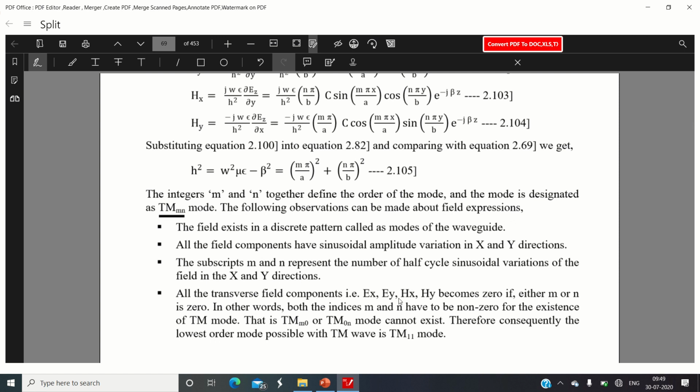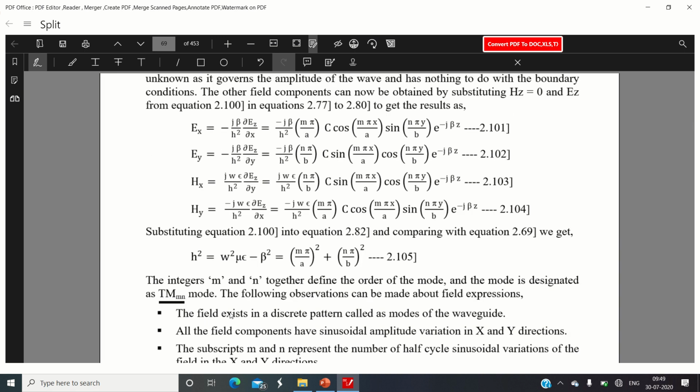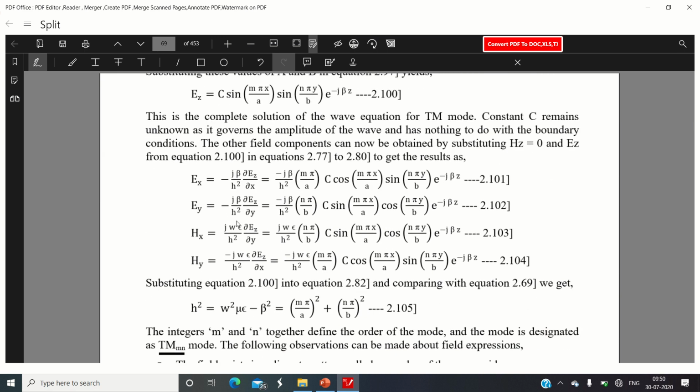So the Ex, Ey, Hx and Hy become 0 if either small m or small n is going to be 0. So look into the details of these equations, say equations 2.101 to 2.104. If we substitute either small m or small n equal to 0, what will happen to these equations?